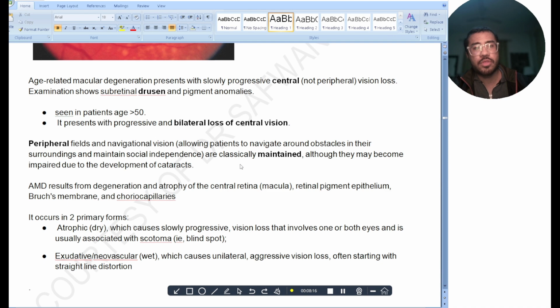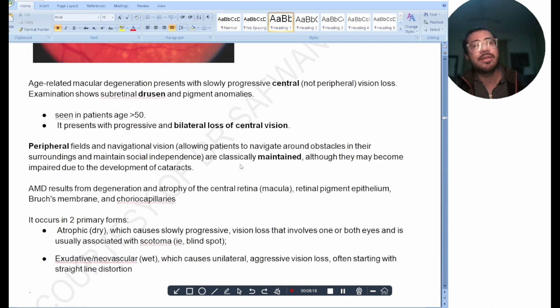One more thing that might be asked is that they give you a patient who initially complained of loss of central vision, and he was 60 years of age, but then eventually also had trouble with peripheral vision.